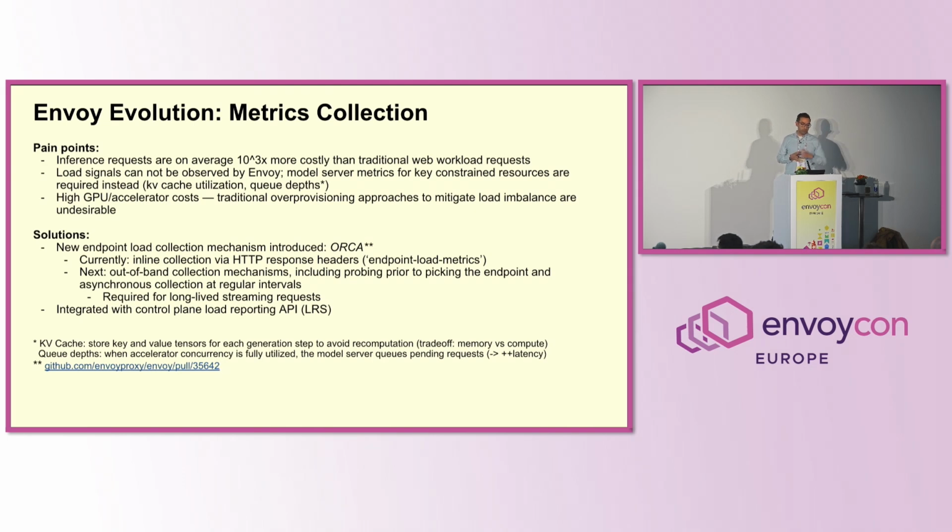Also load signals cannot be observed by Envoy directly, right? These model server metrics for key constrained resources are required instead, and this is where the KV cache utilization and these queue depths come into play. And then there are also very high GPU and accelerator costs, right? So the traditional approach maybe of over-provisioning your backends is really undesirable and really not viable in many cases, right?